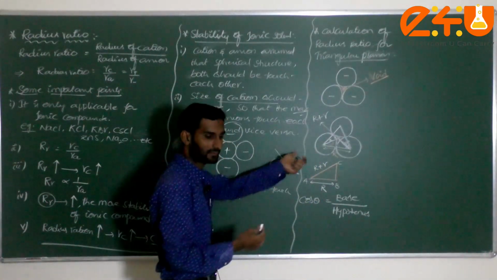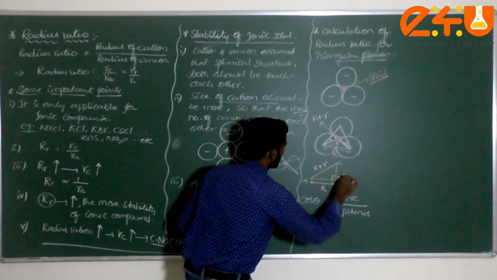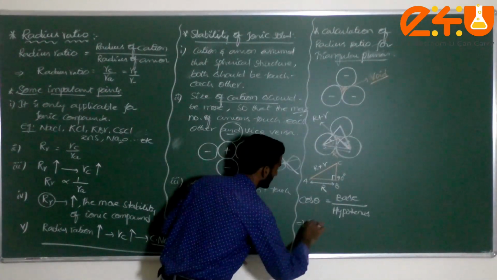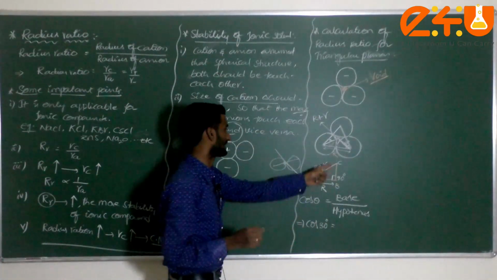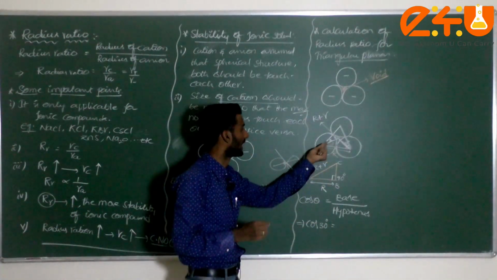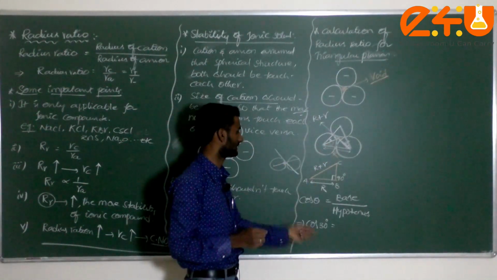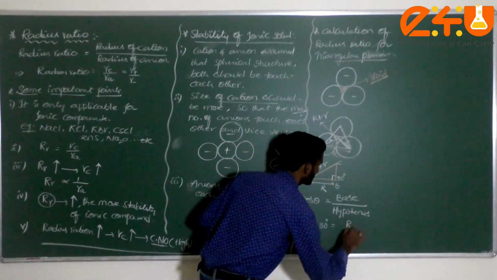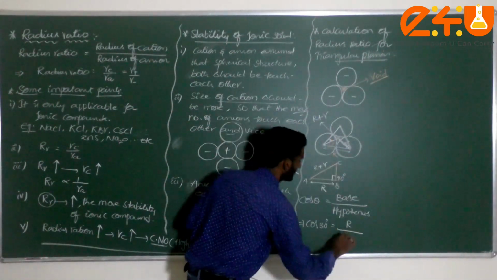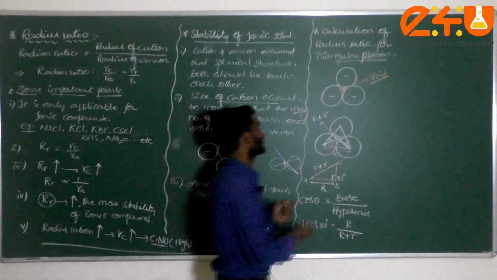From the diagram we observe this is a right angle, 90 degrees. Then why consider cos 30 degrees? I am not taking the full triangle here, only the half part, 30 degrees. Cos 30 is equal to, what is the base, dear student? Capital R, divided by the hypotenuse, capital R plus small r.